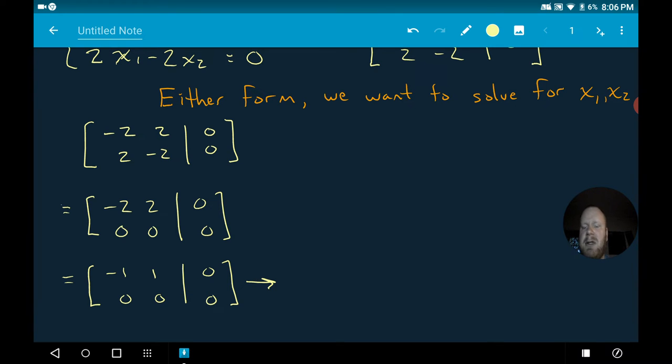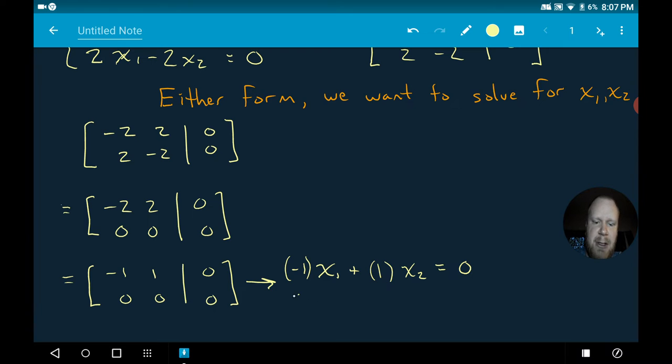And what this is telling me is that I've got two equations now. So the top equation here says that -x1 plus x2, so to be really clear, -1 times x1 plus 1 times x2 is equal to 0.